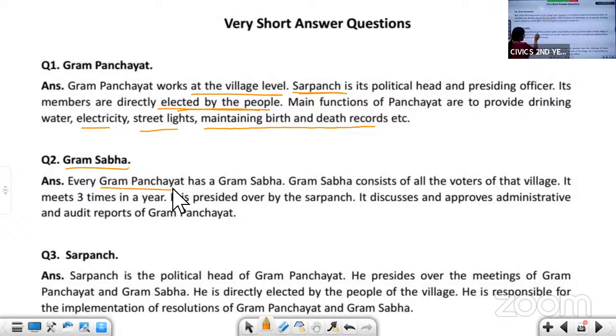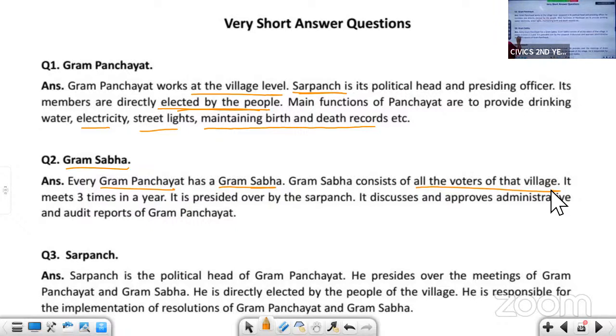Every Gram Panchayat will have a Gram Sabha. It consists of all the registered voters of the village. If you see the composition of Gram Sabha, all the voters of the village are the members of Gram Sabha.